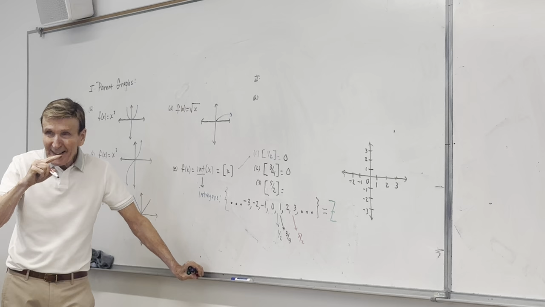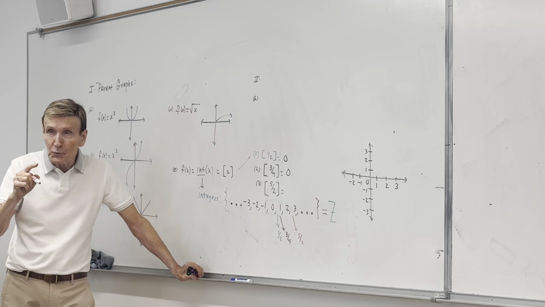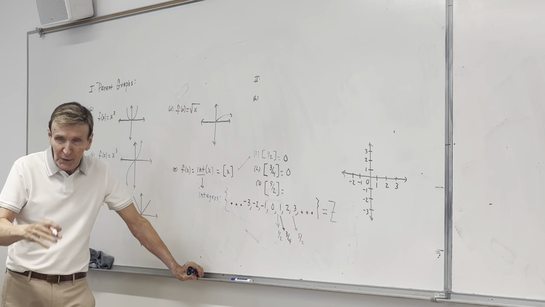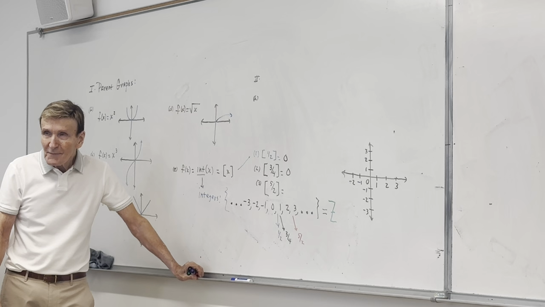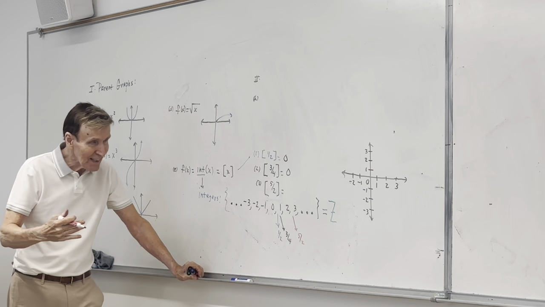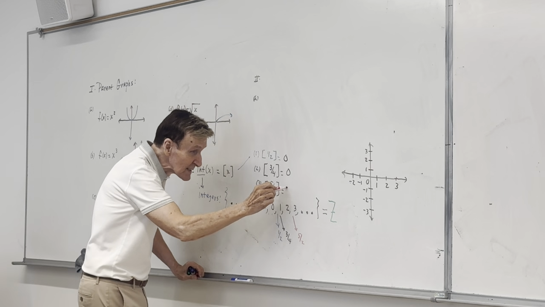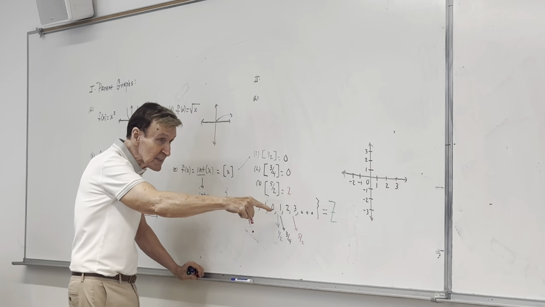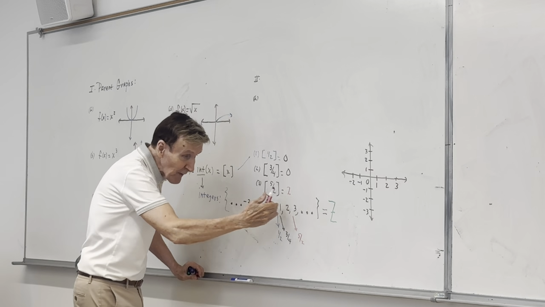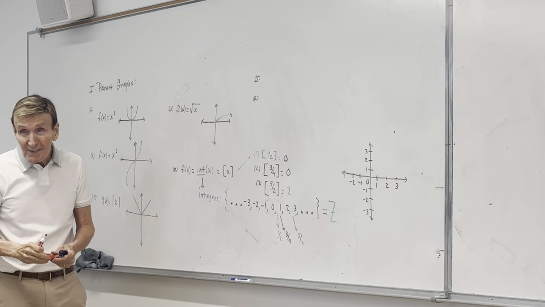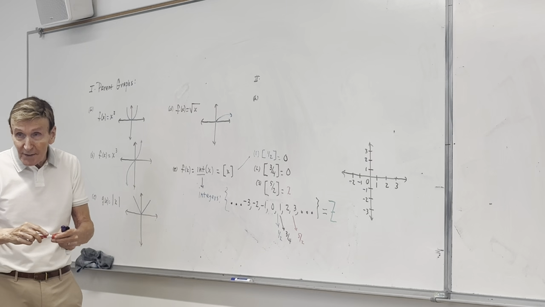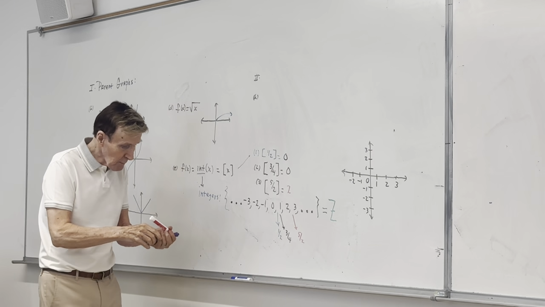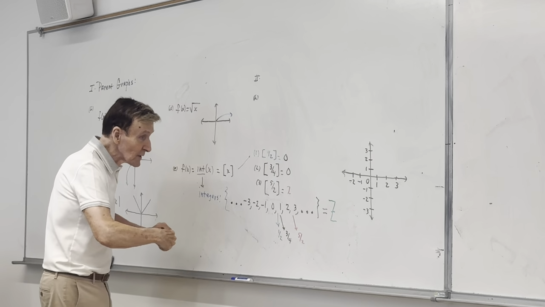Which of those black integers can you get closest to the red one there? 2. So the greatest integer function value of 2.5 is accepted as 2. Now guys, notice these answers coming out can be found there. The original numbers I can't find. I'm going to try another one here.